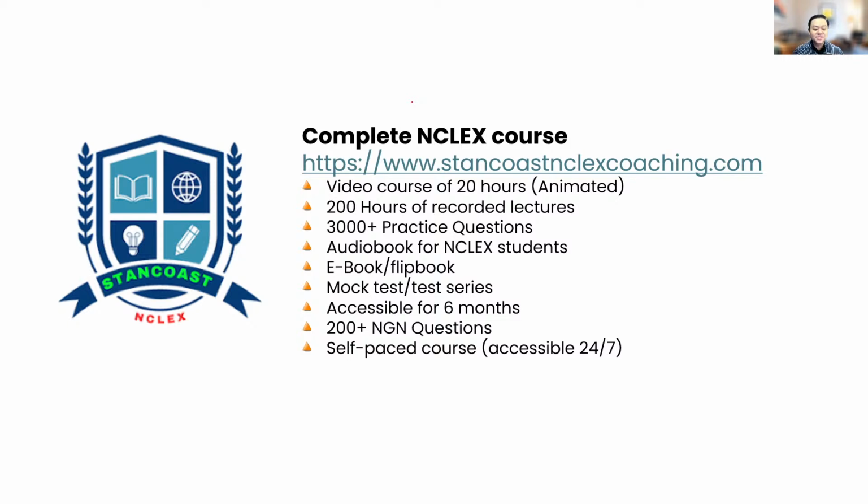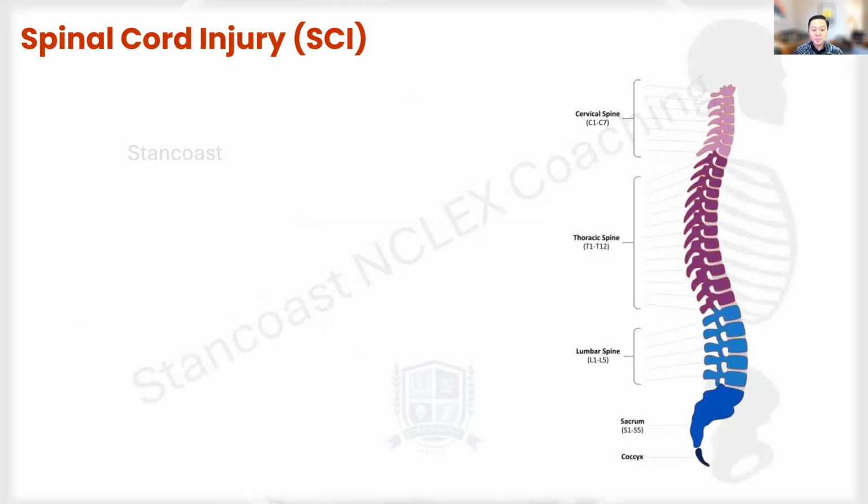All right, so let's get started into our topic today, and this is all about spinal cord injury. We're going to talk about the incidence, the causes, the pathophysiology, the treatment, and also the assessment findings. That's very important, especially because we need to differentiate between the manifestations.